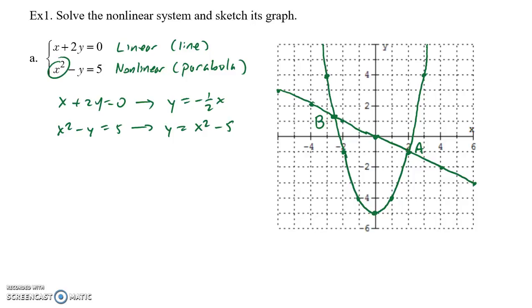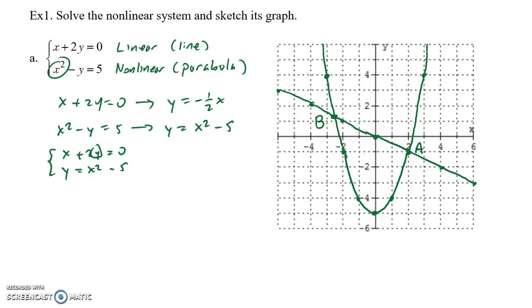You notice that for the quadratic function y equals x squared minus 5, we have that equation solved for y. So what I'm going to choose to do is to basically pair the equations as x plus 2y equals 0, and I'll write the second equation as y equals x squared minus 5. And then what I'll do is replace the y in the first equation with x squared minus 5, substituting for y and eliminating y from the first equation.